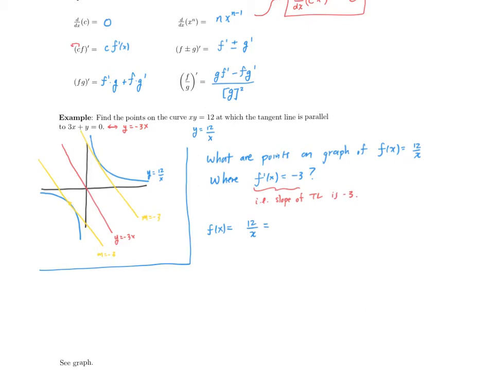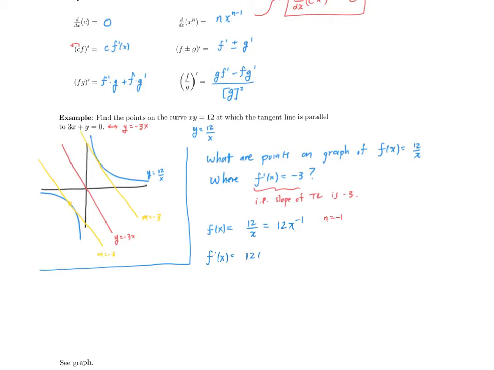And note, in its current form, you certainly could apply the quotient rule, but a small algebraic rewrite, 12x to the minus 1, allows us to hopefully very efficiently apply the power rule. So we can use the power rule with n equals minus 1.